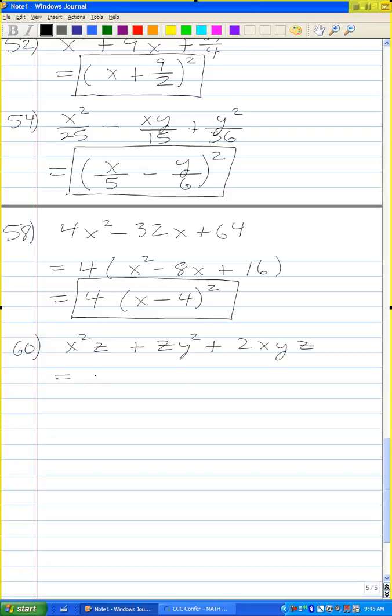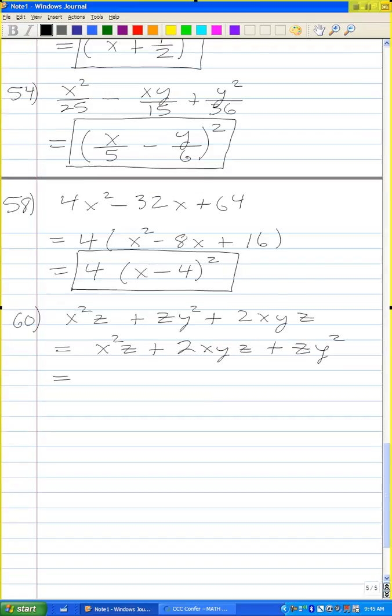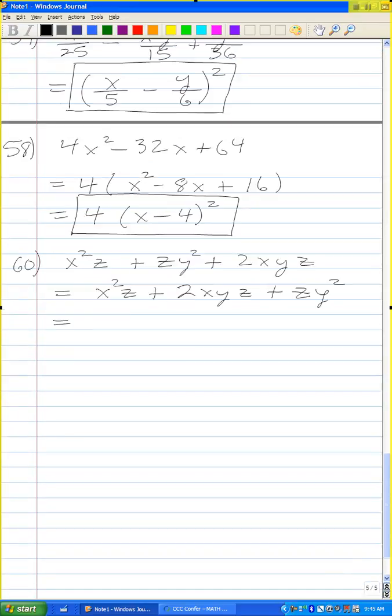So this is equal to x squared z plus 2xyz plus zy squared, just writing it in descending order. Now let's factor out what's in common, z. So what remains is x squared plus 2xy plus y squared.